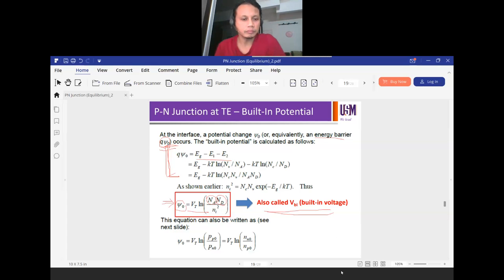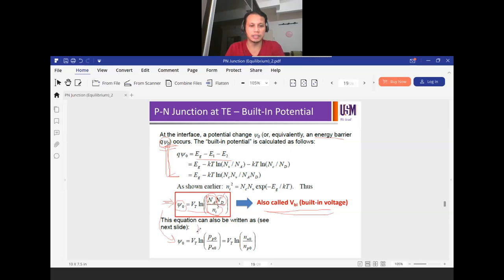Okay, so if you look at this equation, it can also be rewritten as the below one. Because we know that NA is equal to PP naught and ND is equal to NN naught, you can replace PP naught or NN naught over ni squared to be able to calculate NA or ND, and then you're going to end up with this.